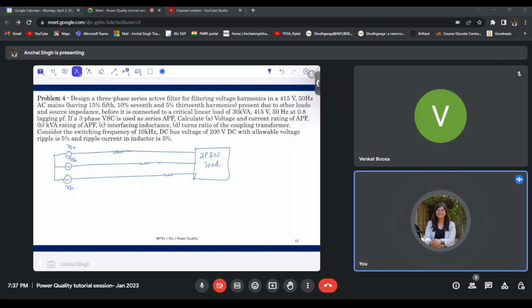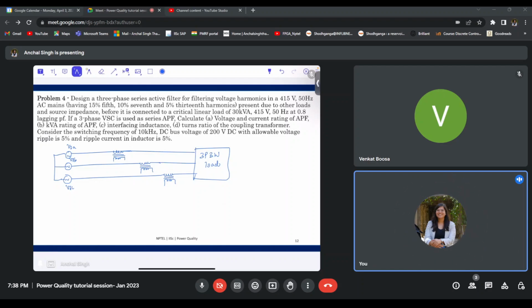Now, to the secondary of these coupling transformers, let us say a three-phase voltage source converter is being used.